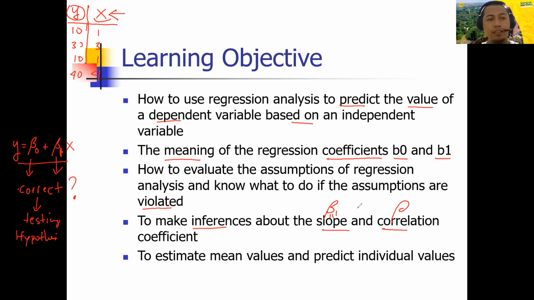Why I assigned you yesterday how to prove that the correlation coefficient is a function of beta 1, to estimate the mean value and predict the individual value for a certain x.